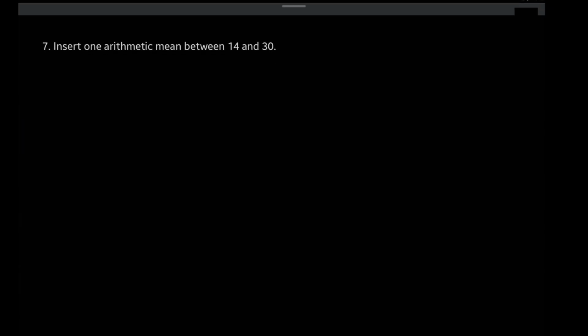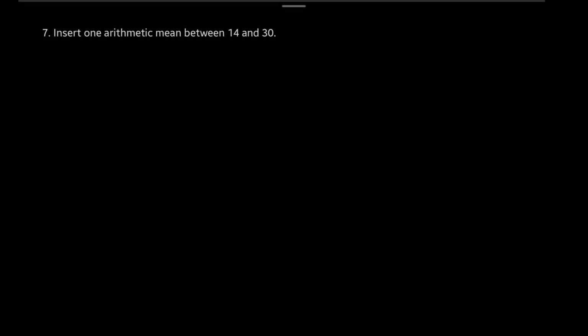So now we'll be moving on with the arithmetic mean. As you all may know, a mean is an average within a set amount of data, or in our case, a sequence. This asks a basic question: insert one arithmetic mean between 14 and 30. So basically just plug in one number in between 14 and 30, a number that is evenly split between them.